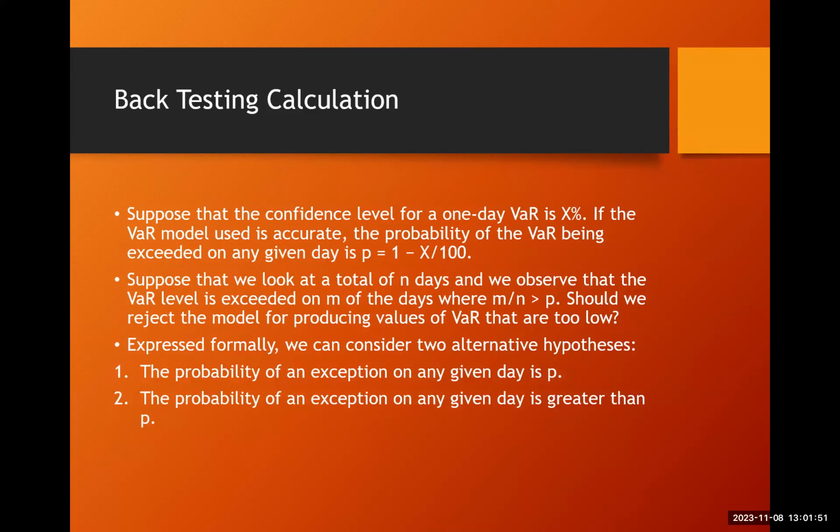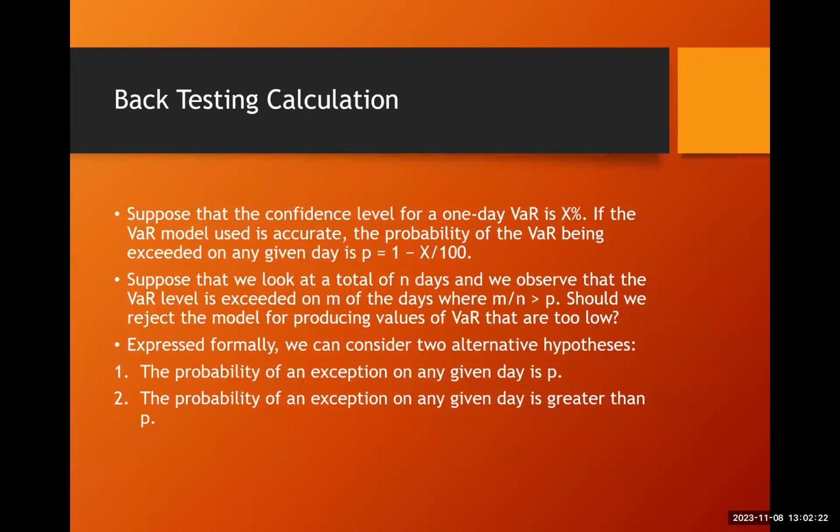So what we can do is suppose that we are using a 95% confidence level, so a 95% value at risk. If we were looking at 100 days of data, we would expect there to be 5 exceptions because 5% of 100 is 5. We can then compare that to the actual number of exceptions that we get. So there's 2 questions you could ask.